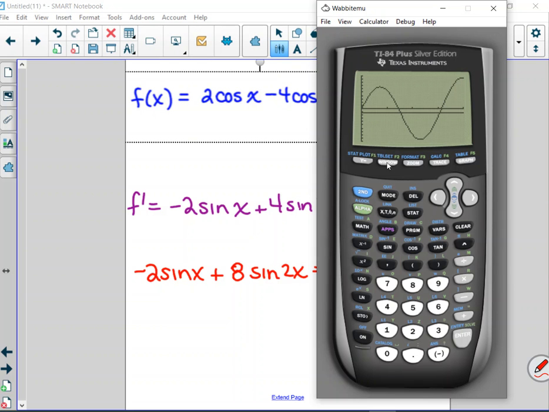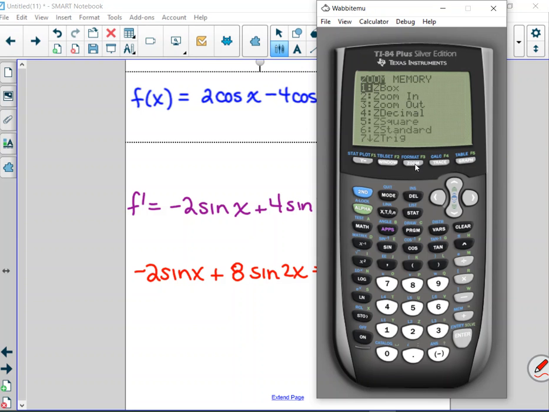So if I go 0 to pi, since none of them are on the boundary, even if I make that pi, because that's pi right there when I scaled this.